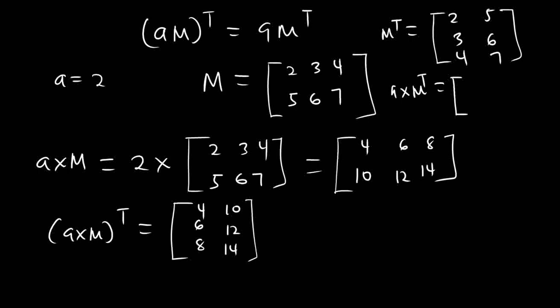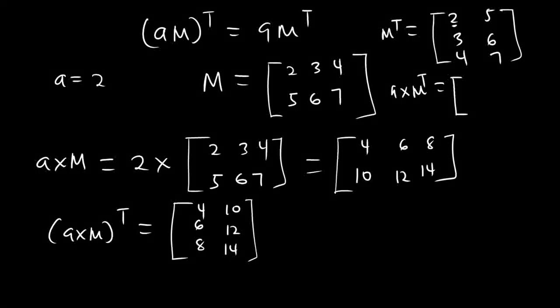So I multiply 2 by this 2 here, I will have 4. When I multiply 2 by this 5 here, that will give me 10. Then I'll multiply 2 by this 3, that will give me 6. Then 2 by this 6 here, that will give me 12. Then 2 by the 4 here, that will give me 8, and then 2 by this 7, that will give me 14.